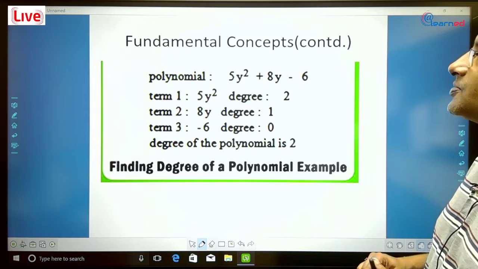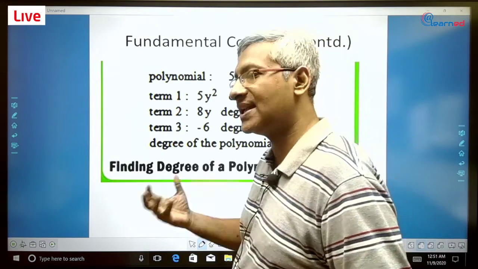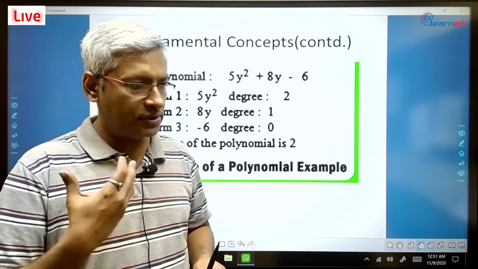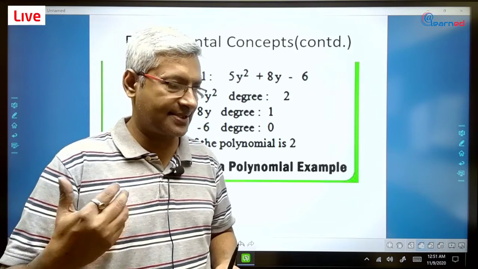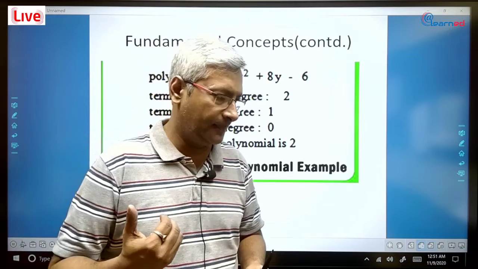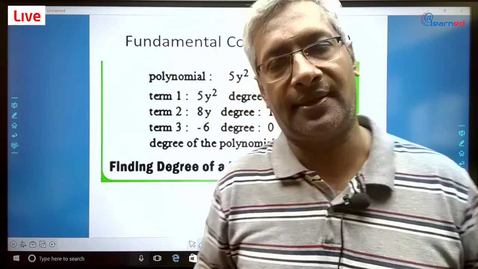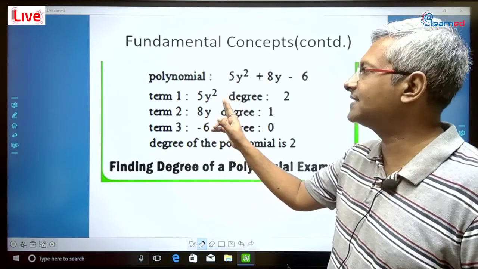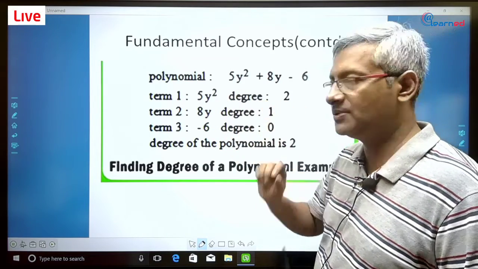Now we come to the concept of what is the degree of a polynomial. You will have to learn about this degree in your 6th standard polynomial. Now degree is nothing but the highest power of the variable in that expression. So what do I mean by that?